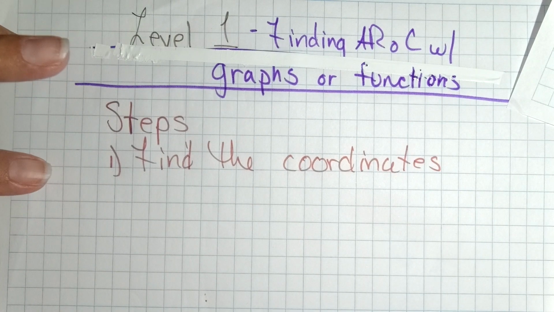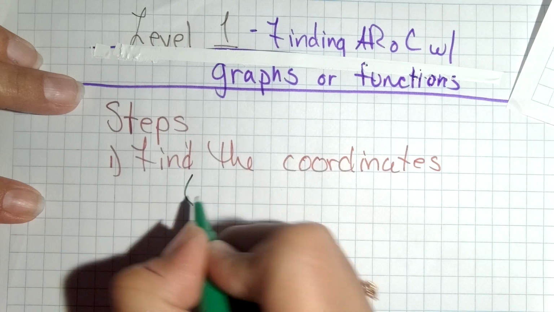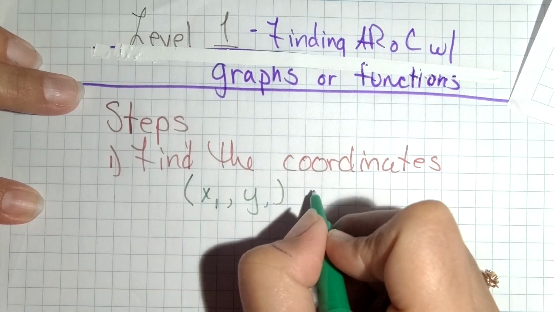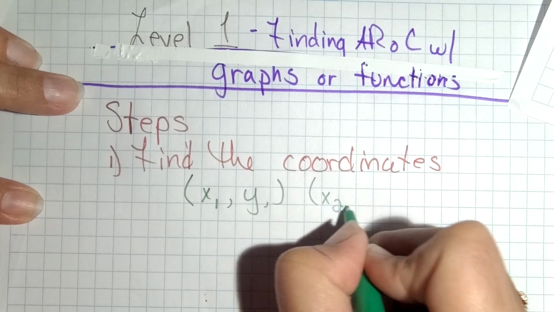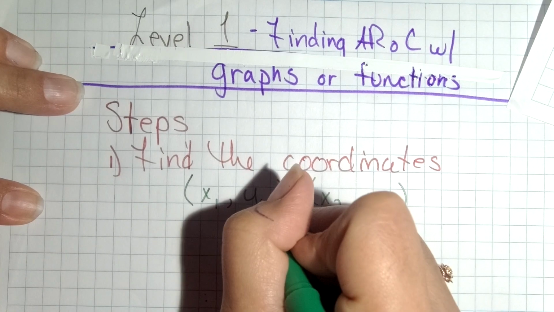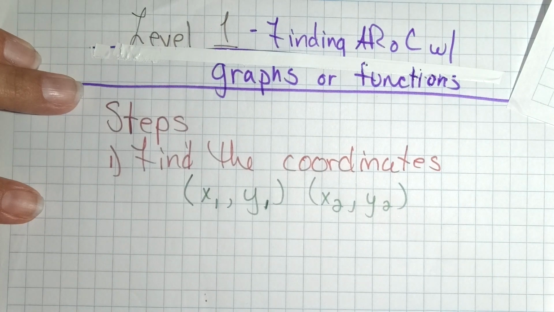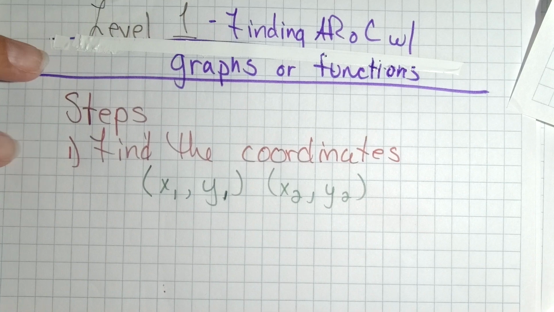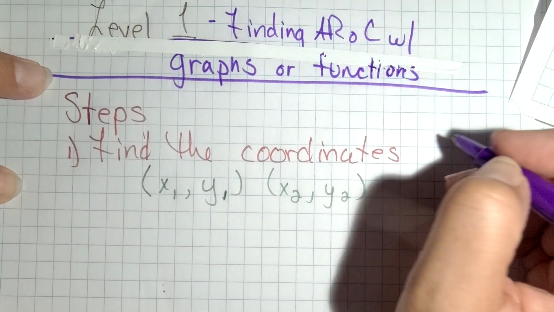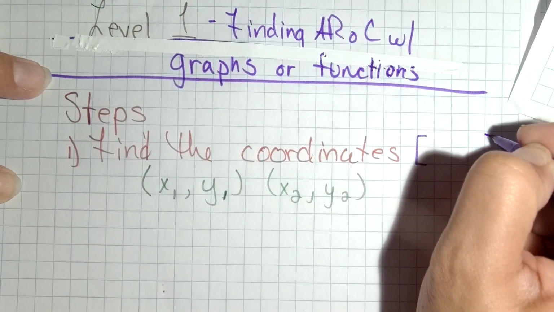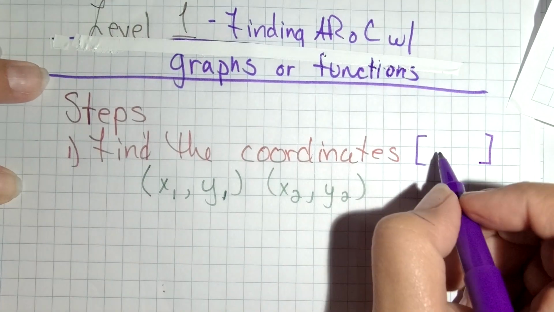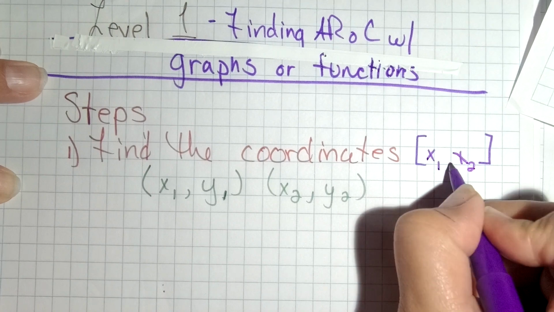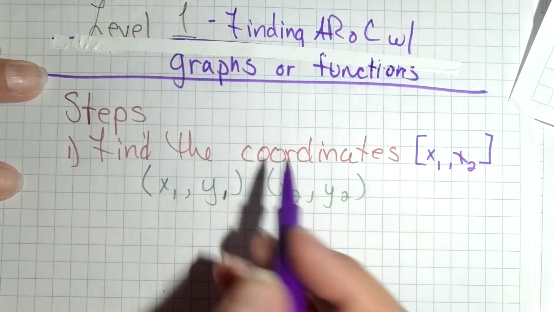You're going to need 2 coordinates: x1, y1, and x2, y2. Remember that we're going to be given the x's. We just need to find the y's.